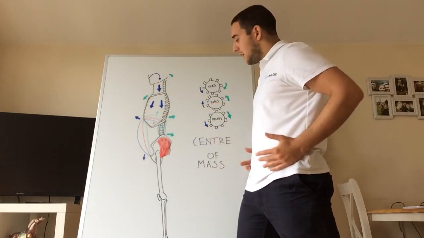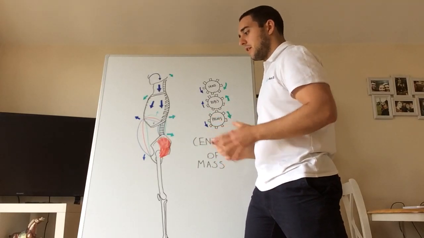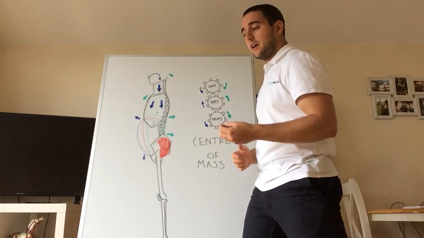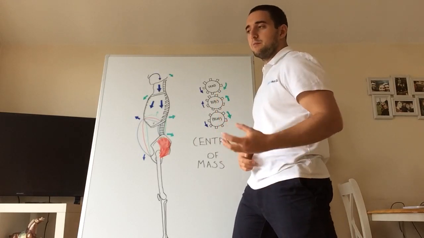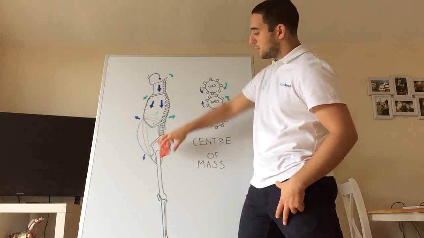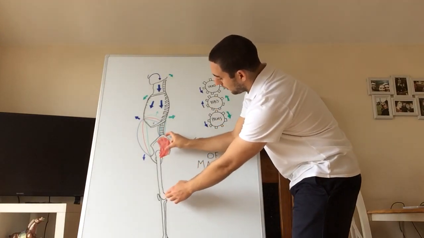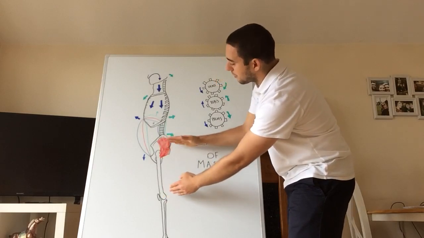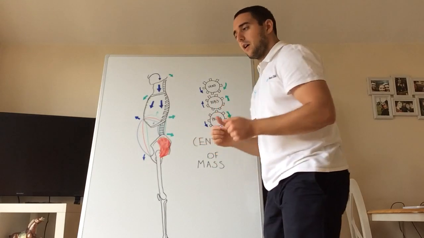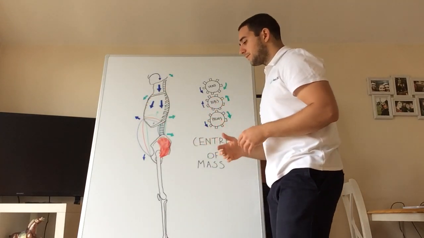Our center of mass is our pelvis, and in order to create a shift forward of the center of mass, the ideal way is to create a hip extension, which basically comes from a glute contraction. So this glute, this red muscle here, as it contracts, it pulls the leg back, or it propels the pelvis forward. That's our ideal way of creating a shift forward in our center of mass.